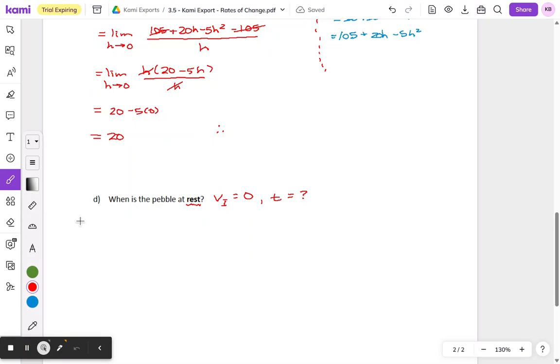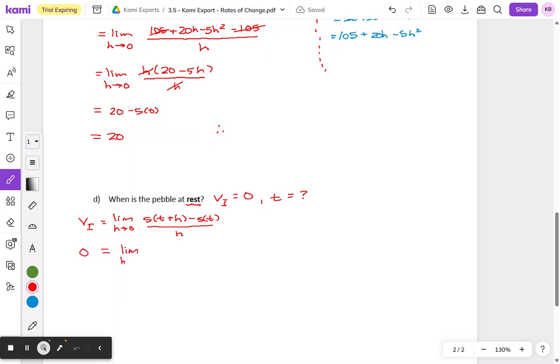So when you do this, you're going to use the same formula, but instead of your unknown being the velocity, you plug in the velocity you know, and now the unknown is going to be the time. So we're going to plug in 0 here.